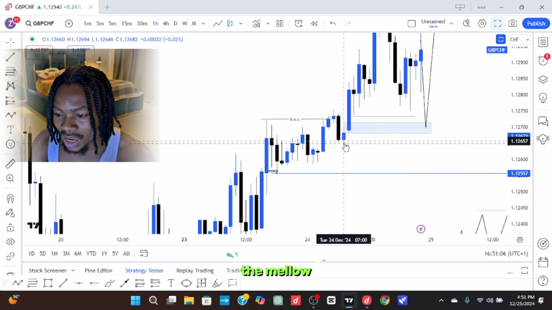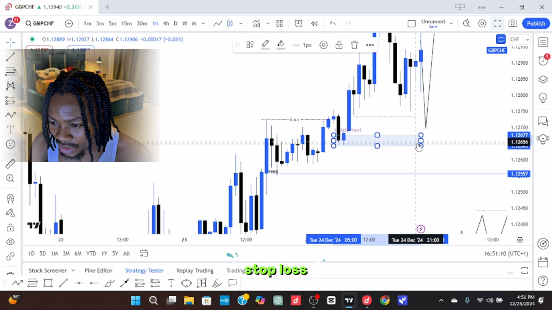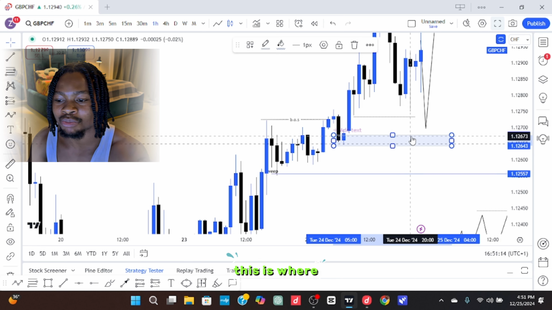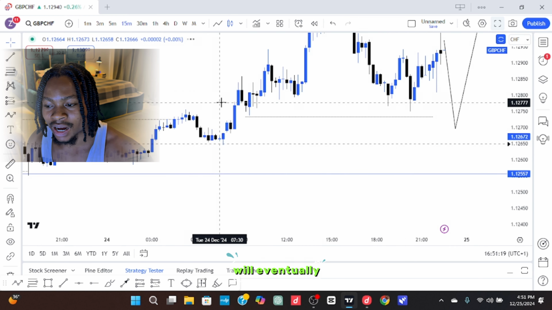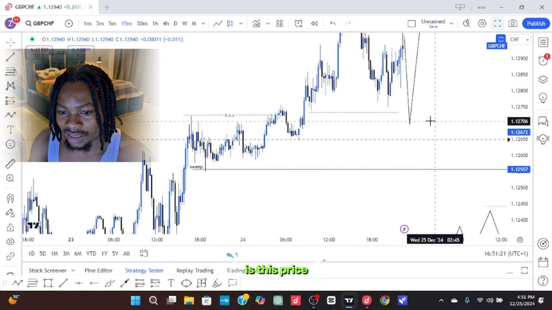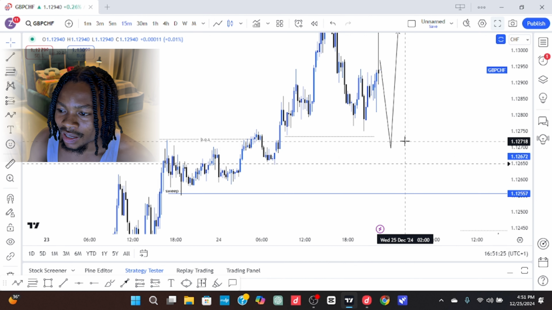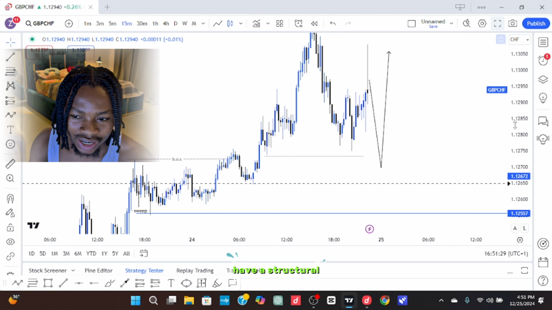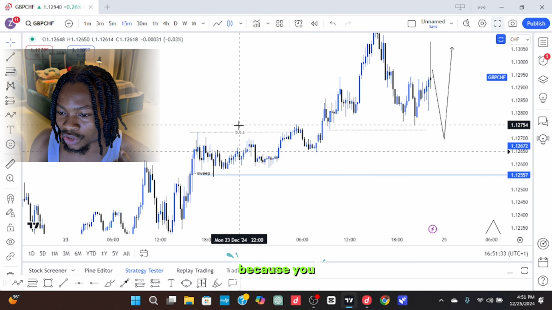So this is the main low, making this right here their stop loss, our entry. This is where price is going to take out. So what will eventually happen in the market is this: price will then come to this zone, and then you are now in the trade, but you don't have a structural liquidity.